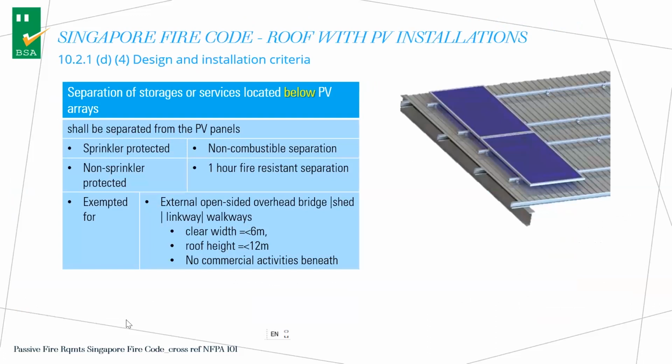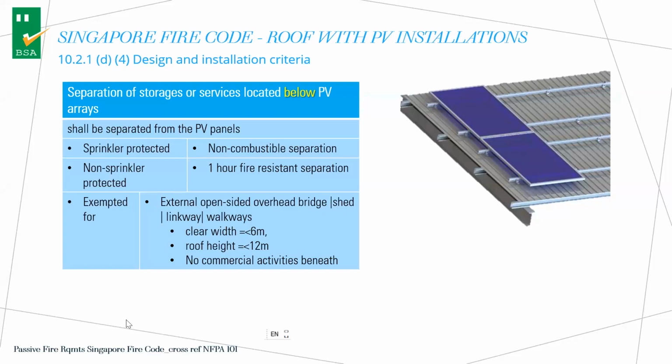Then it is also getting very popular to have solar panels on metal roofs. Like now we are doing 3M, which has a very big factory in Singapore, and on their metal roof they want to put solar panels. The concern is the energy store may catch fire and burn downwards.